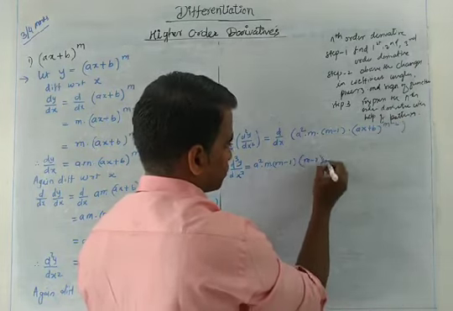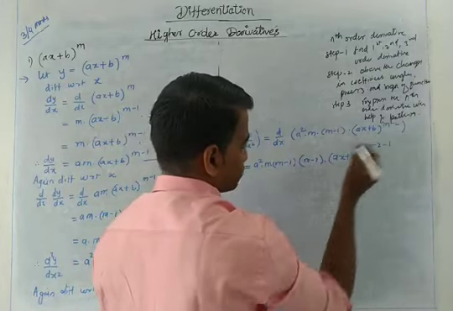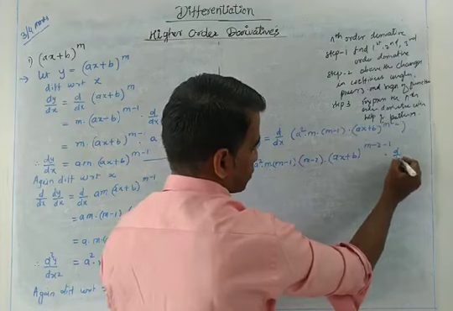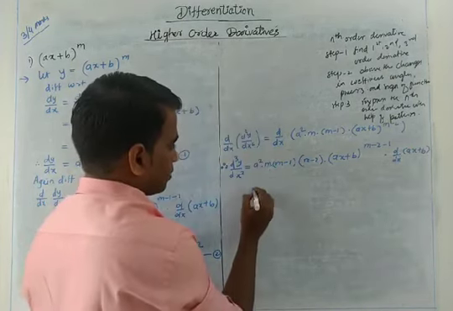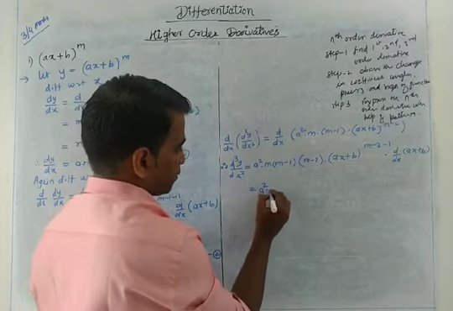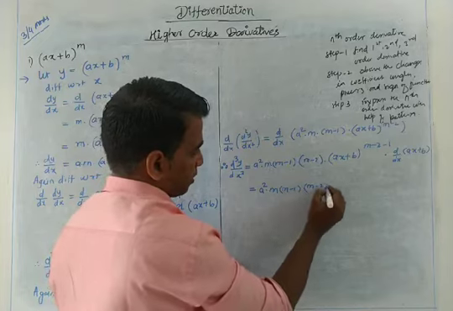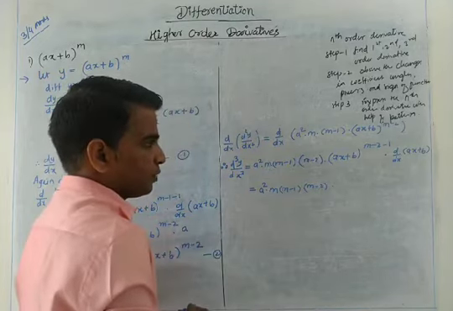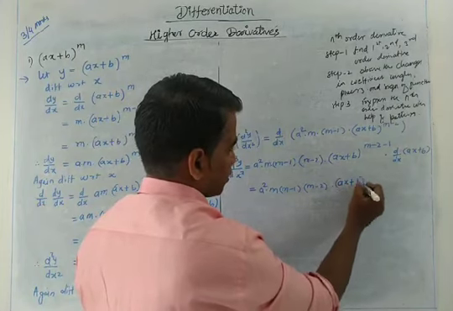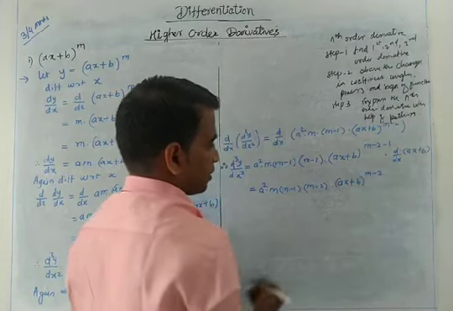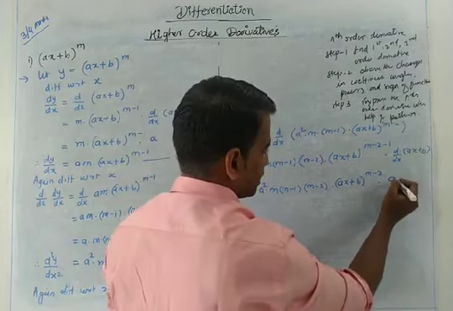So m minus 2 into (ax + b) raised to m minus 2 minus 1 into d/dx of ax + b. Now simplify it: a square into m minus 1 into m minus 2 into (ax + b) raised to m minus 3, into the derivative, which is again a.